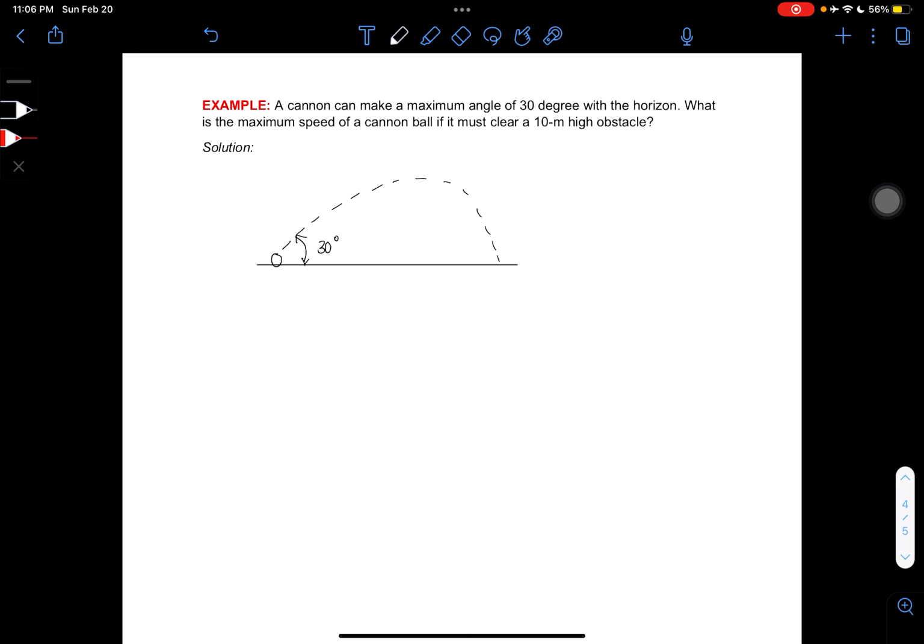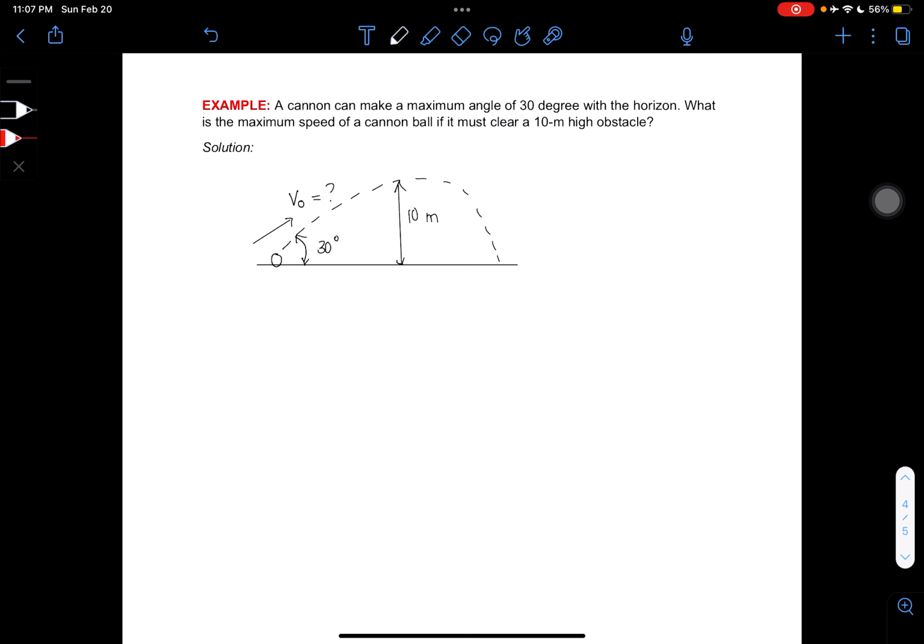And naa siya unknown nga velocity. Then naa siya given nga height. So 10 meter high nga obstacle. So therefore H nato will be 10 meters.